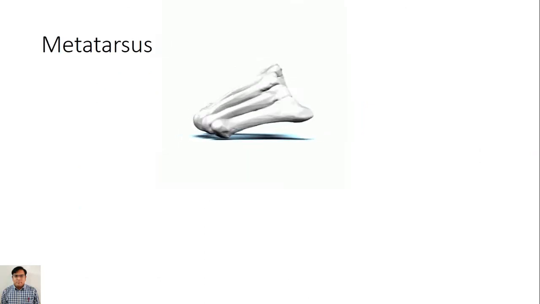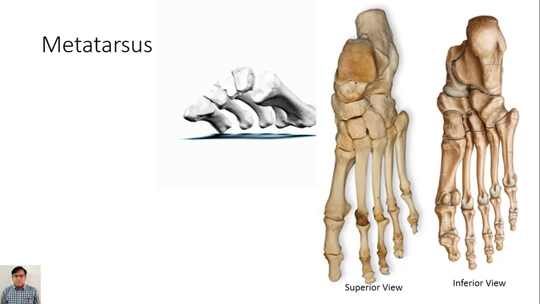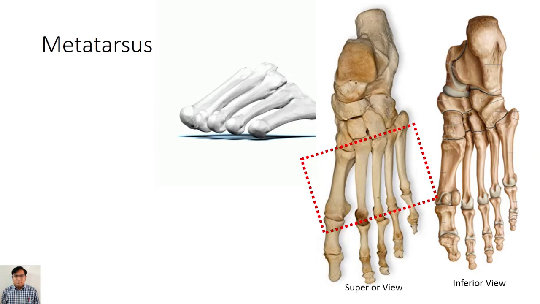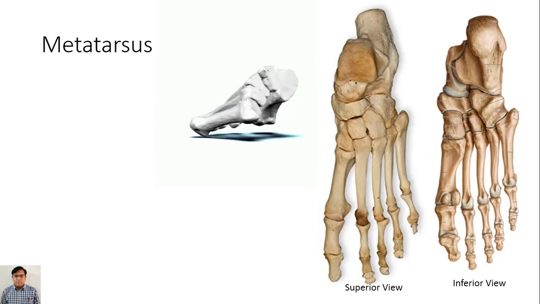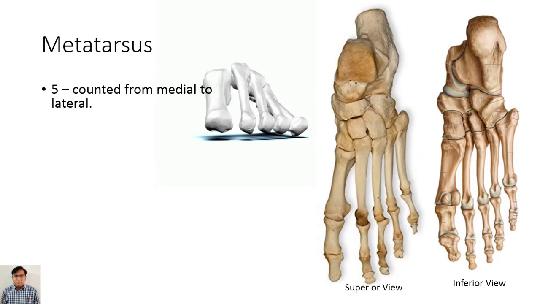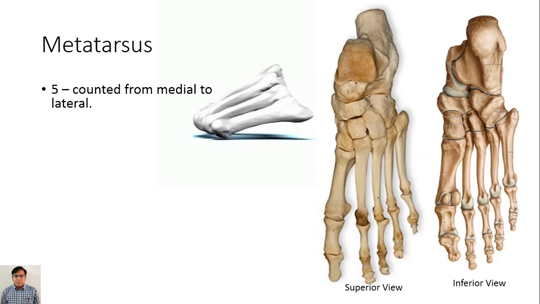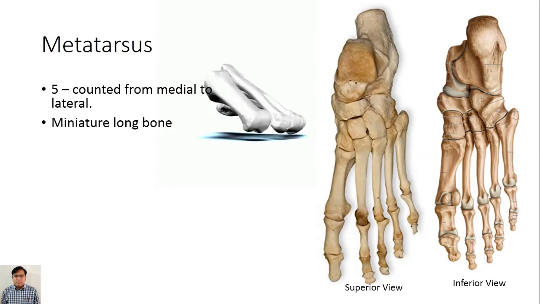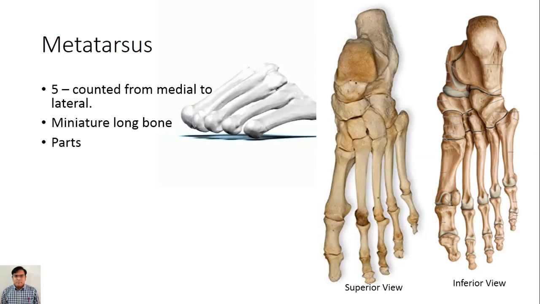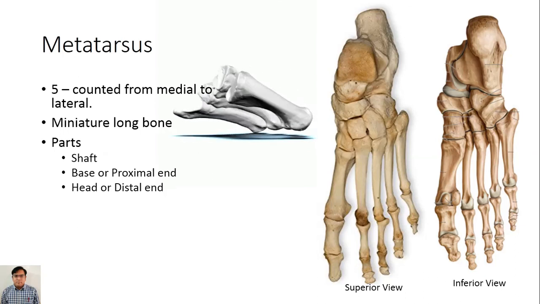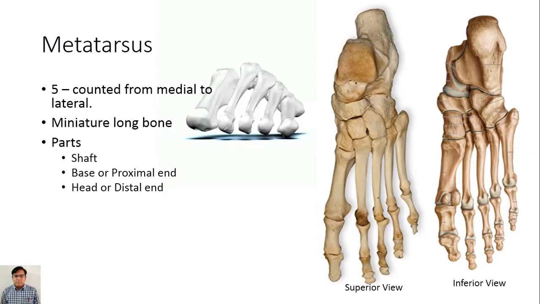Now, the metatarsus. These are the metatarsals. They are 5 in number, counted from medial to lateral side. Each is a miniature long bone. It has parts: shaft, base or proximal end, and head or distal end.